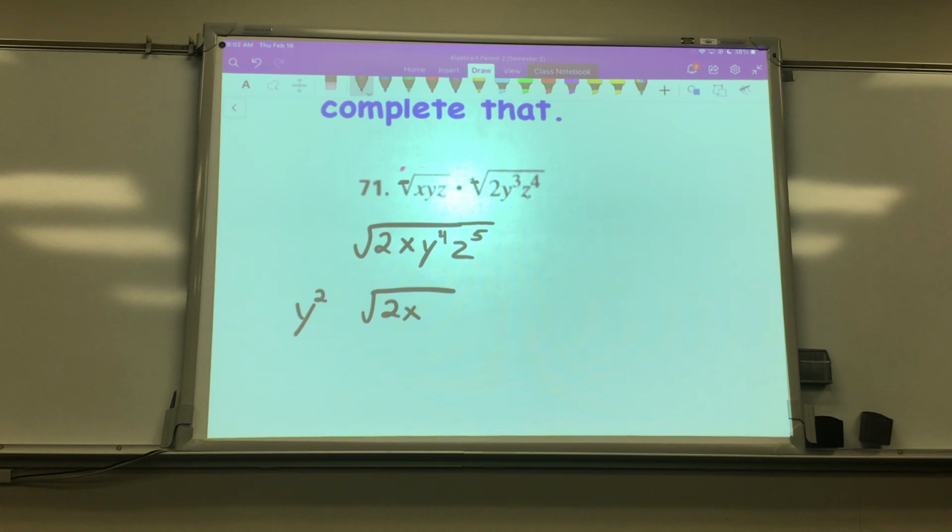So that stays, there's nothing left on the inside. How about z? Z squared will come out, and 1 z inside, correct? 5 divided by 2, that's going to be 2 remainder 1. Do we got to worry about even, odd in there at all? Oh, because the resulting ones are all even, right?